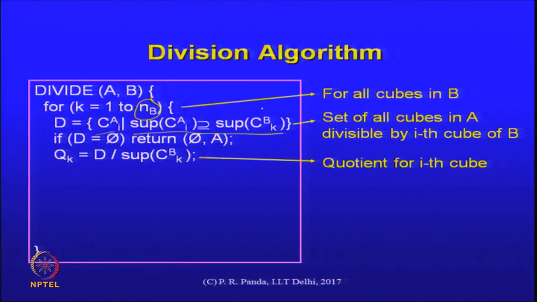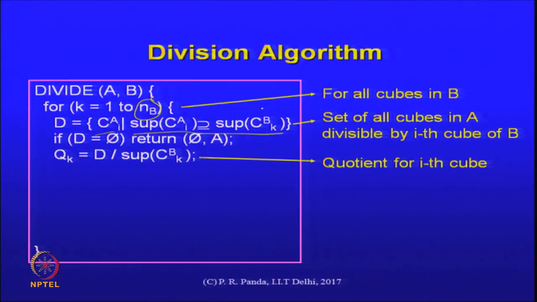Qk equals D by support set of CBk. What would this be doing? D is the set of all the cubes that are divisible by the kth cube of B. All of those we picked up, and dividing essentially is saying that if it is AB and A, you remove this and you keep B. If there were multiple here, then you remove A from all of them.